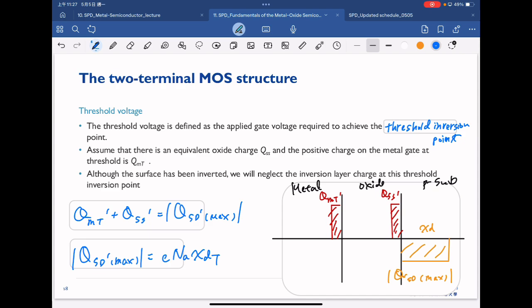So therefore we will consider the boundary to be the maximum depletion width, and beyond this depletion width we'll start to have the inversion charge formation. So we will use this maximum depletion width as a boundary to calculate our threshold voltage.